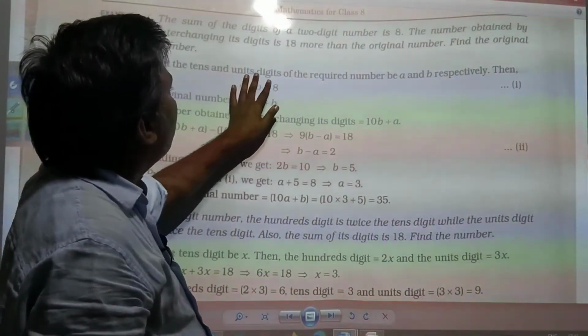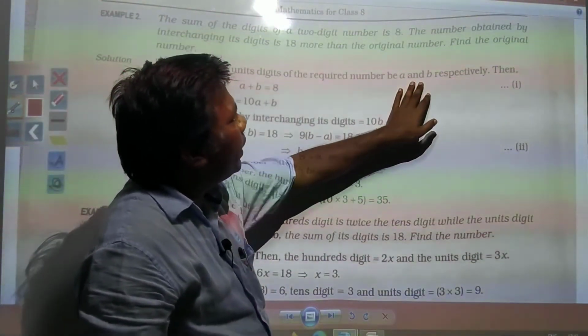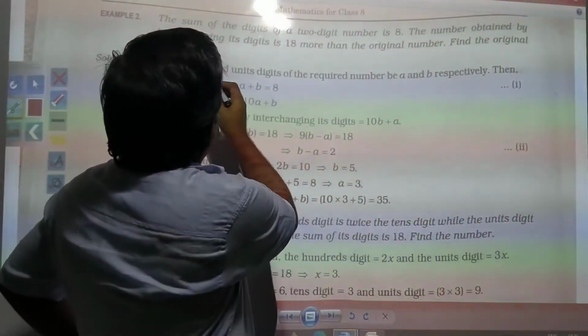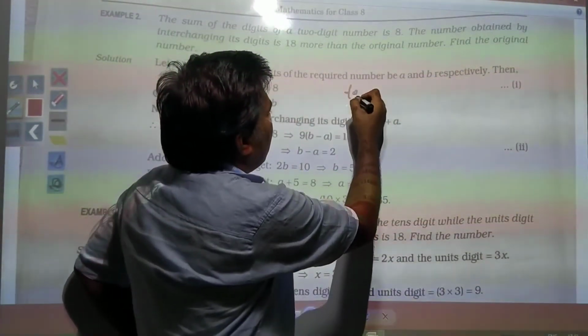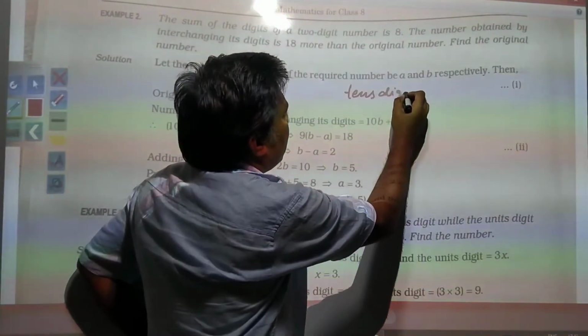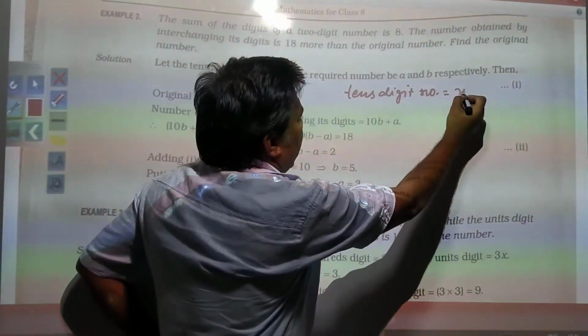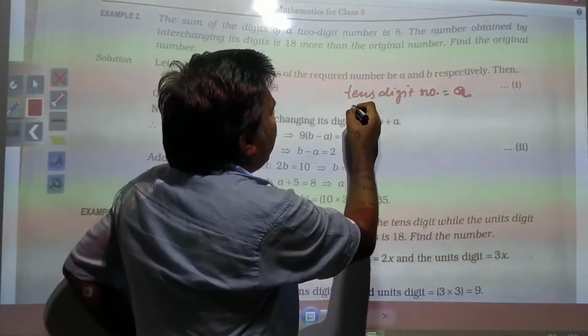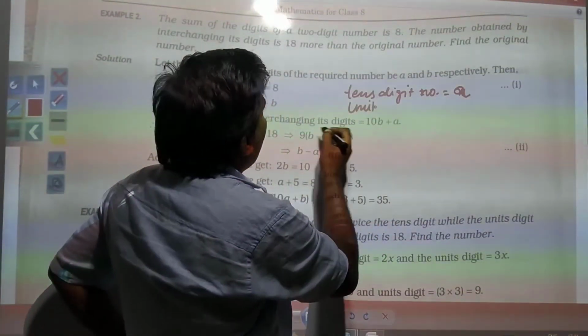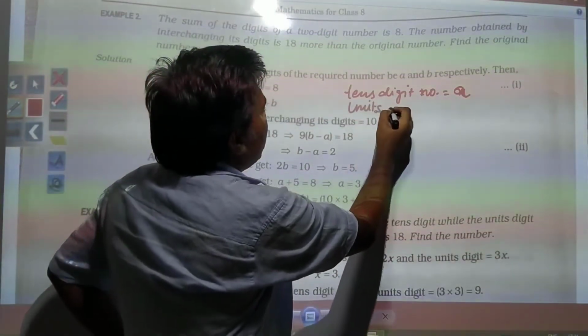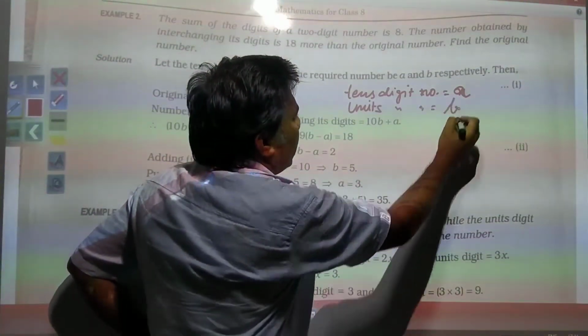Let the tens and unit digits of the required number be a and b. Suppose the tens digit is a, and the unit digit, or ones digit, is b.